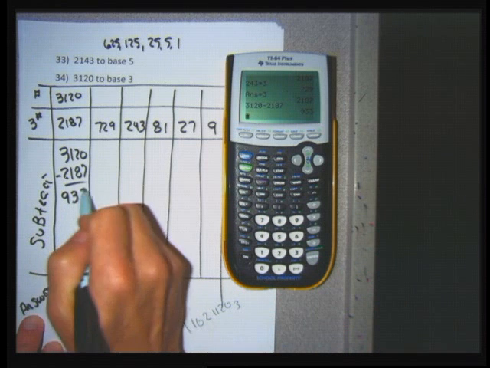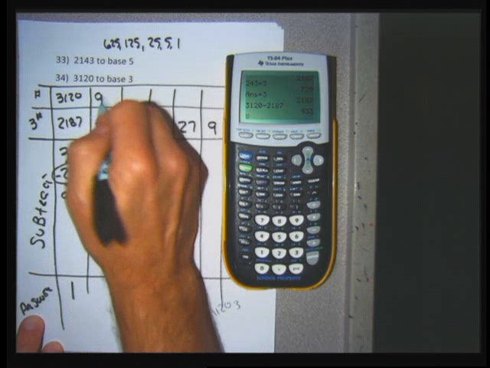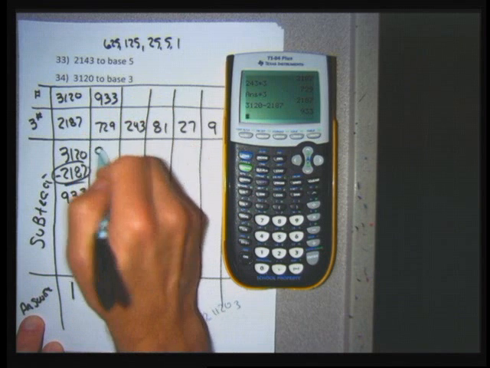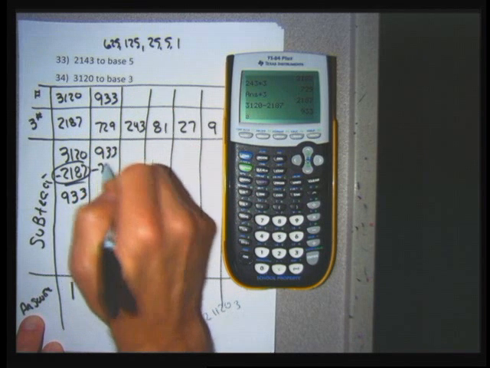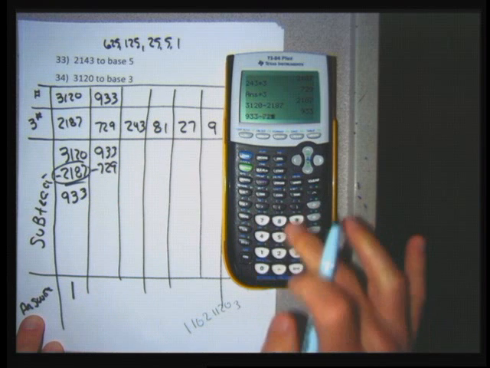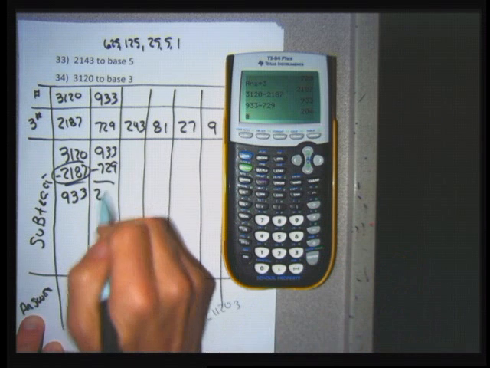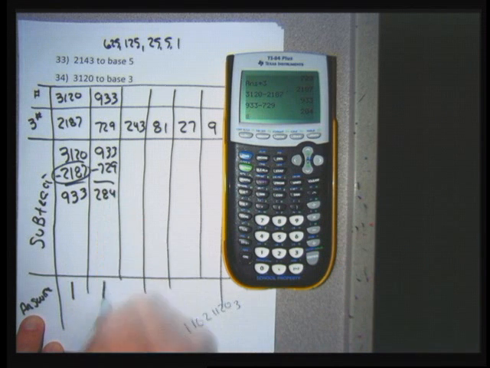Done subtracting that. One on the bottom for the one time I could subtract. Bring my remainder up. Now I'm going to do 933 minus 729. I get 284. Can't subtract again. Write a 1 down here for the one time I could subtract.